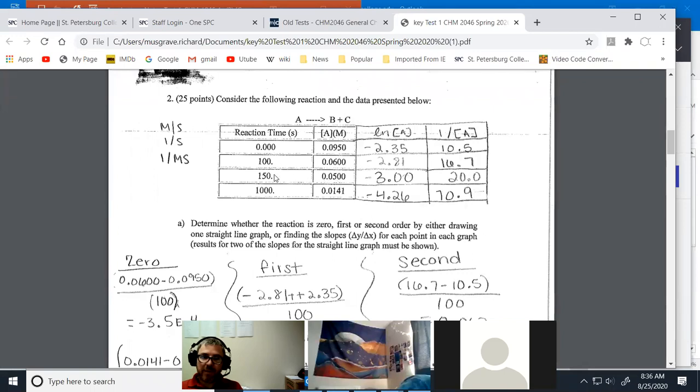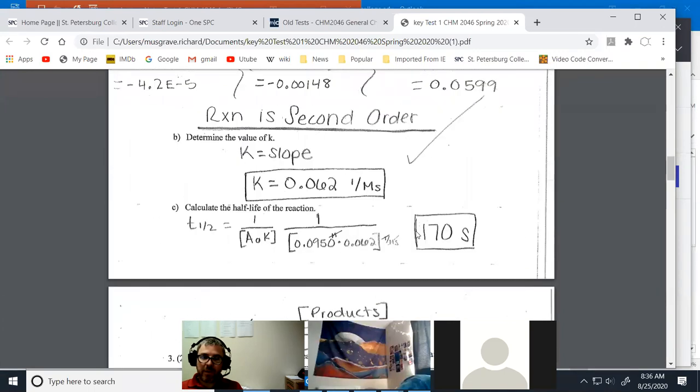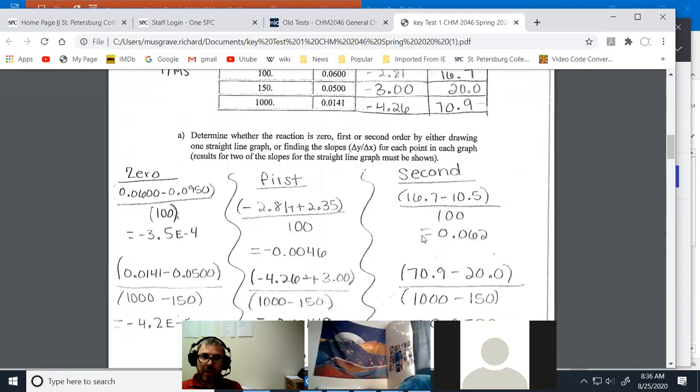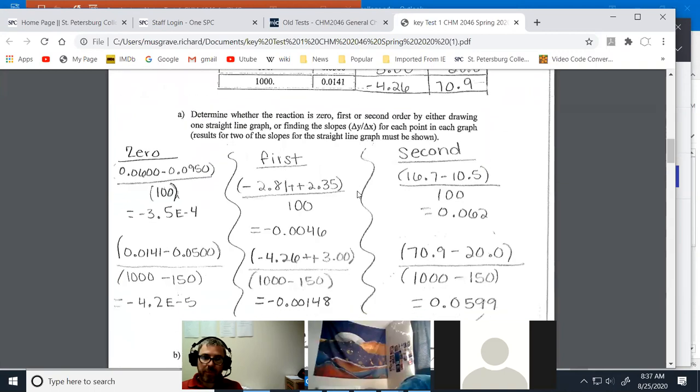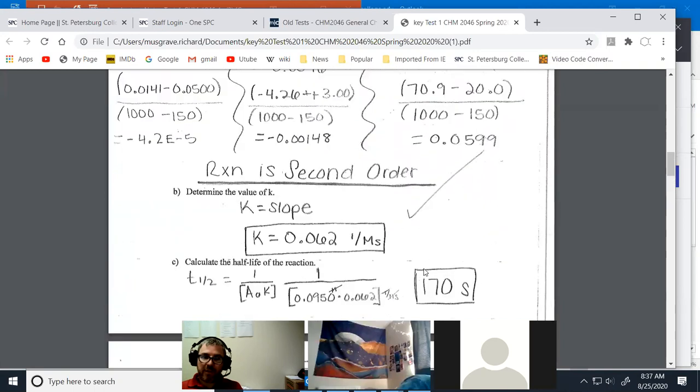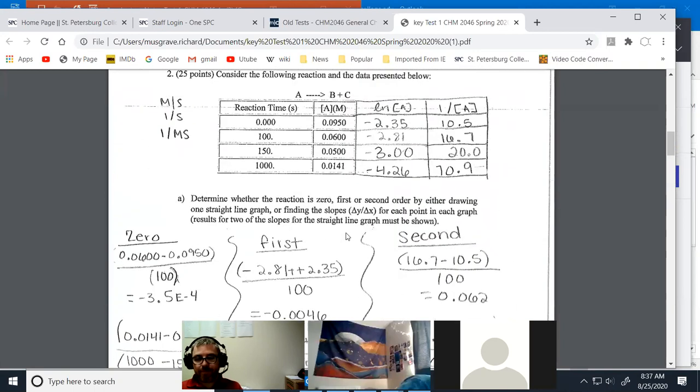You'll notice to get to 0.05, it'd be 150 seconds. To get to a little bit less than that, it's 170. So it kind of makes sense that we can eyeball an estimate at least of the half-life by looking at what half the starting material would be and comparing that to the time. So that would be 170 seconds in this instance.